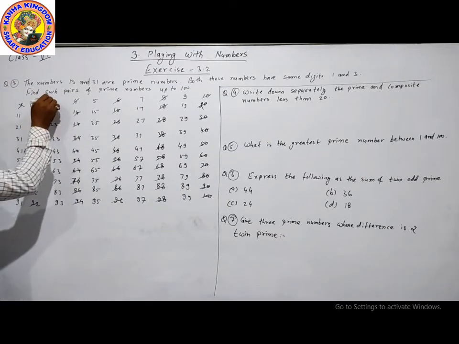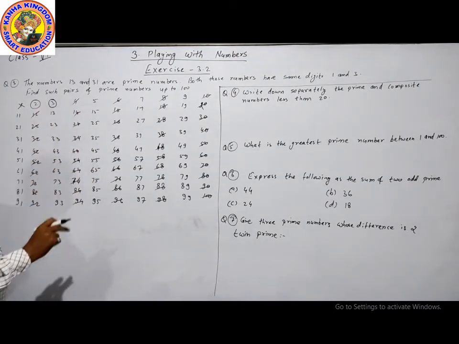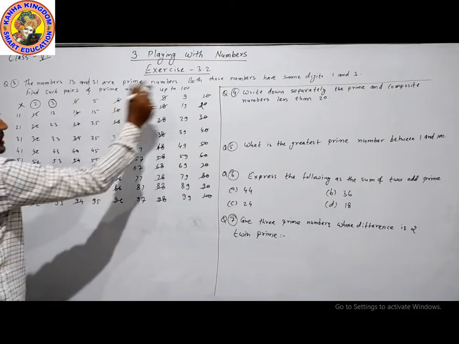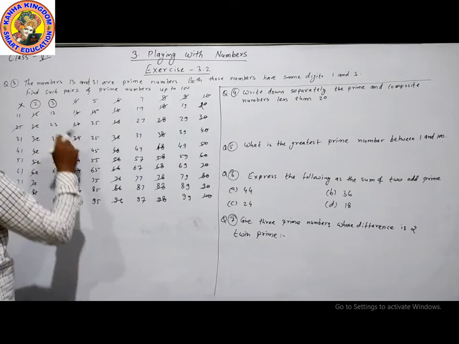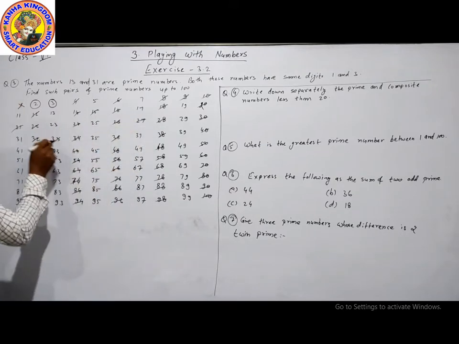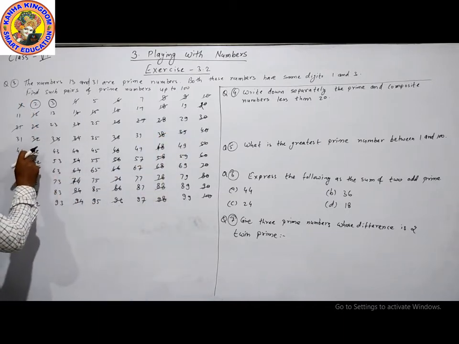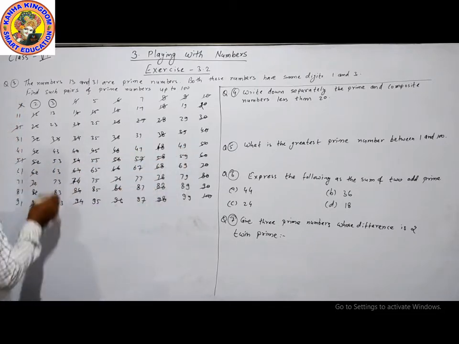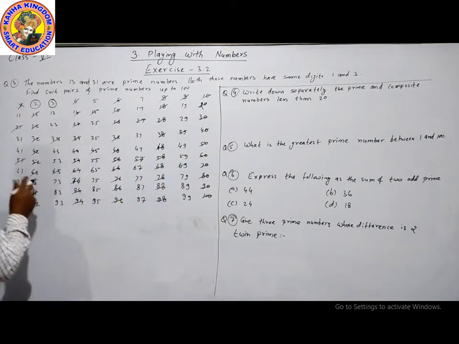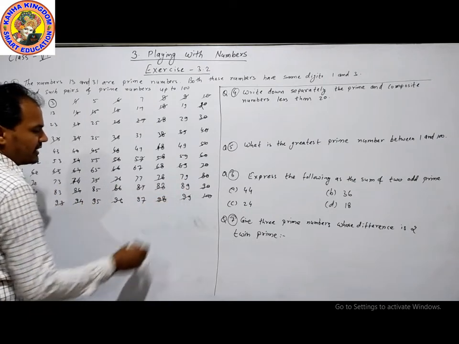Now the next number is 3. So we will cut the numbers which can be divided by 3. 3, 6, 9, 12, 15, 18, 21, 24, 27, 30, 33, 36, 39, 42, 45, 48, 51, 54, 57, 60, 63, 66, 69, 72, 75, 78, 81, 84, 87, 90, 93, 96, then 99.